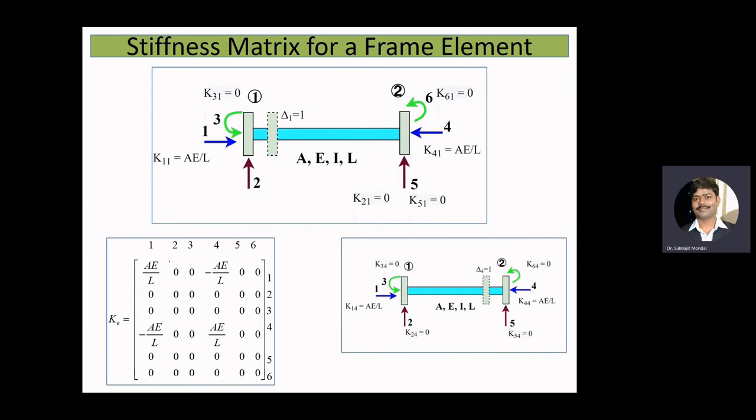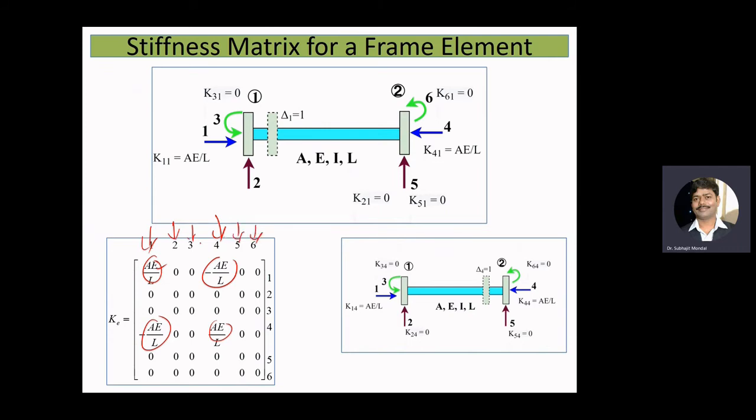Here you can see this matrix is symmetric in nature and diagonal terms are coming positive. Now we are going to see how we can obtain the values corresponding to our second column, third column, fifth column, and sixth column.